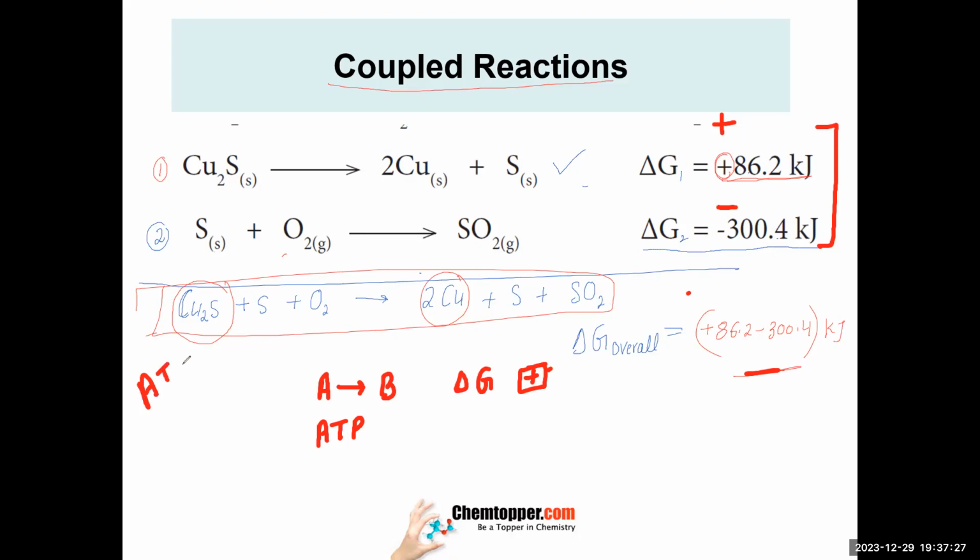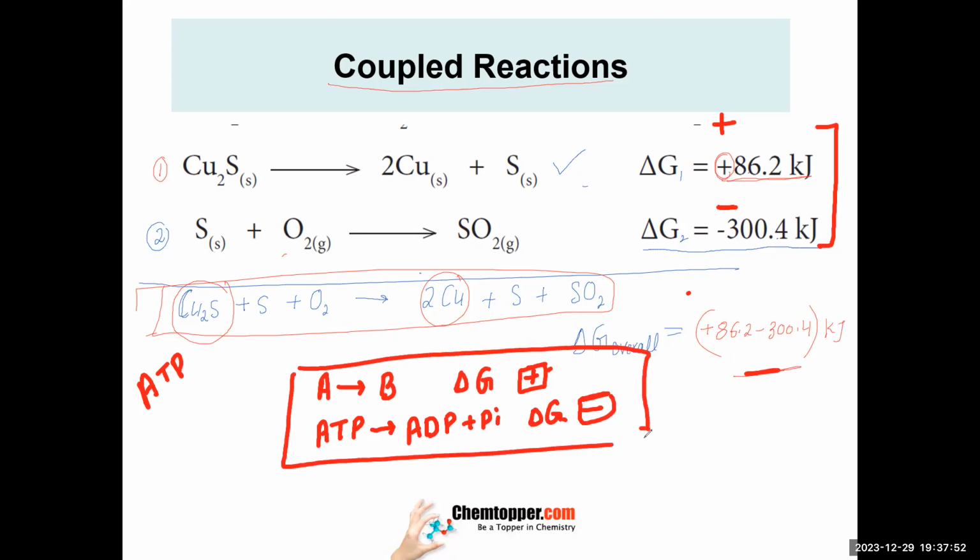ATP, adenosine triphosphate. They are like energy coins. When they get hydrolyzed to give you ADP plus Pi, then delta G, which is released, of delta G for this reaction, is highly negative. So whenever there is a non-spontaneous reaction in our biological system, then that reaction is coupled with a highly spontaneous hydrolysis of the ATP.